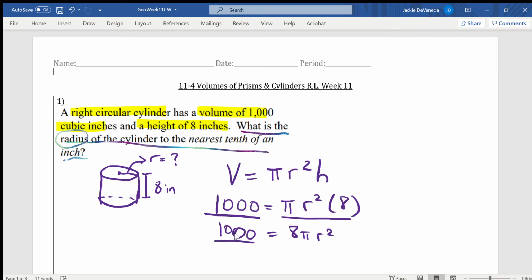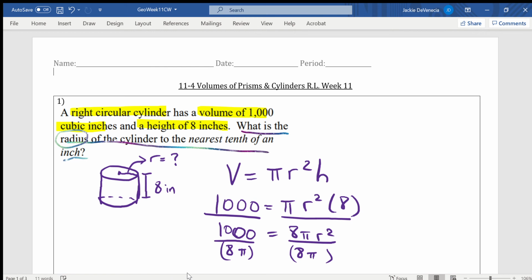Now I'm going to divide both sides by 8 pi. If you're using your calculator, as you should, you want to make sure you do 8 pi first before you divide.